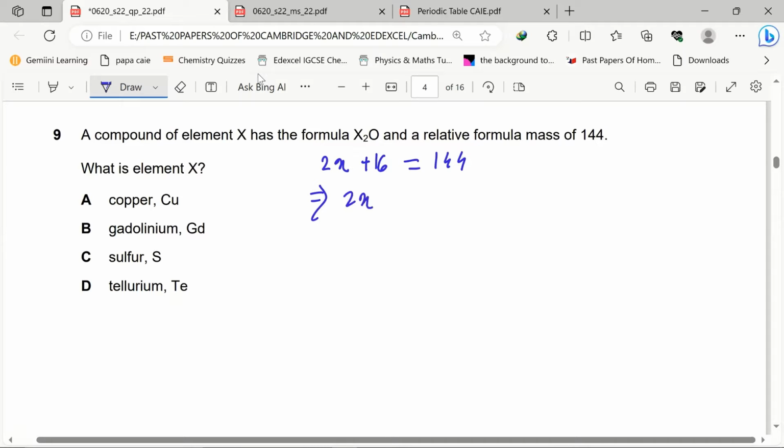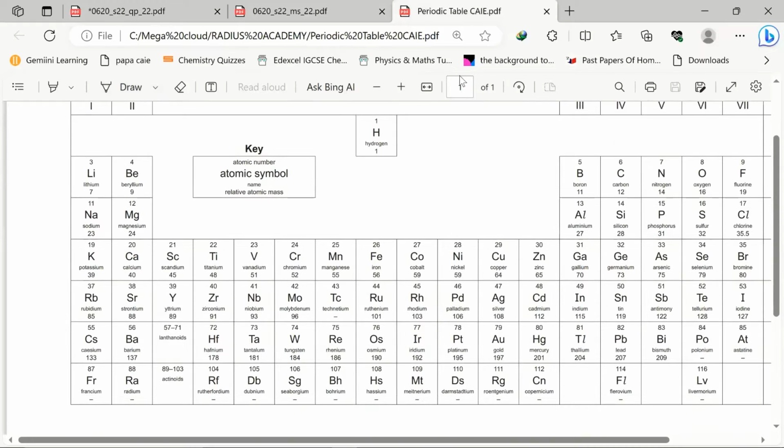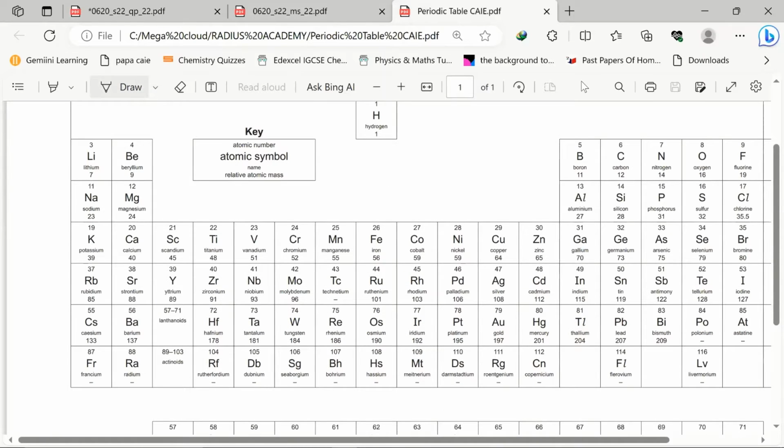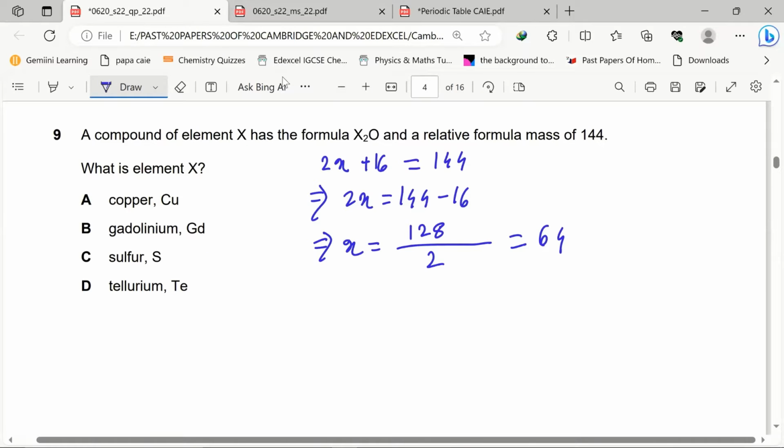So 2X is equal to 144 minus 16, which is 128, divided by 2, which is 64. So we need to find a mass which is 64. Copper is 64, you see. The mass of copper is 64. So in this case, A is the only correct answer.